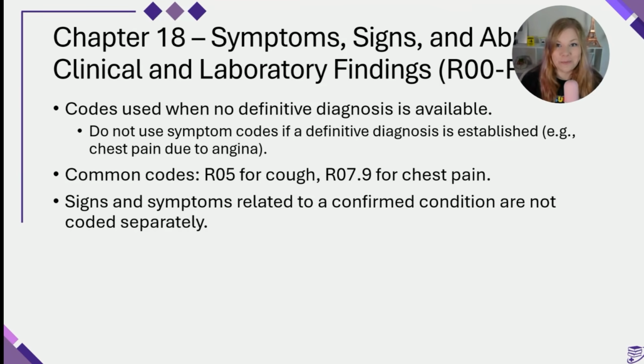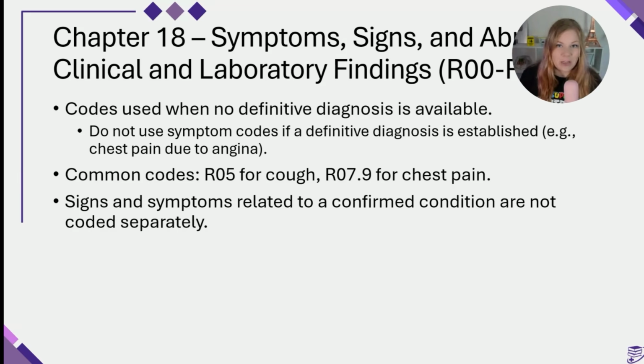So one of the signs and symptoms of angina is chest pain, so we would code just for the angina. Some of the commonly used codes in this area are R05 for cough, R07 for chest pain. Also, but again, when signs and symptoms are associated with an already diagnosed condition, they are considered integral to that condition, and we are not going to code them separately.